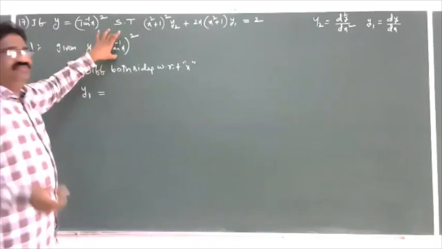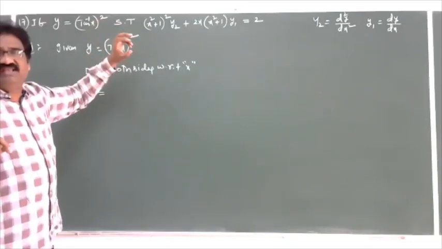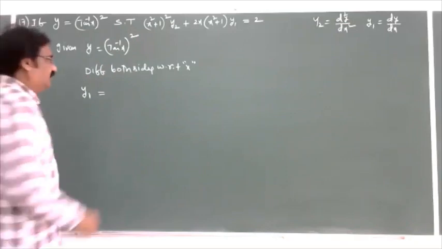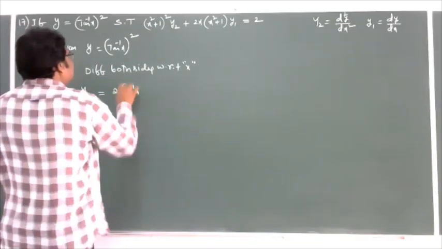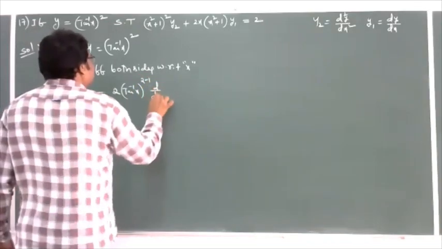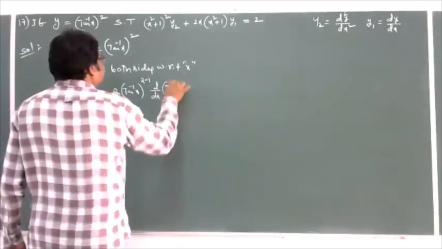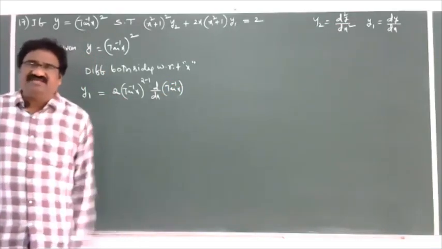You treat tan inverse x as x power n. What is the x power n derivative? n into x power n minus 1. That is 2 into (tan inverse x) whole power 2 minus 1 into d by dx of tan inverse x.